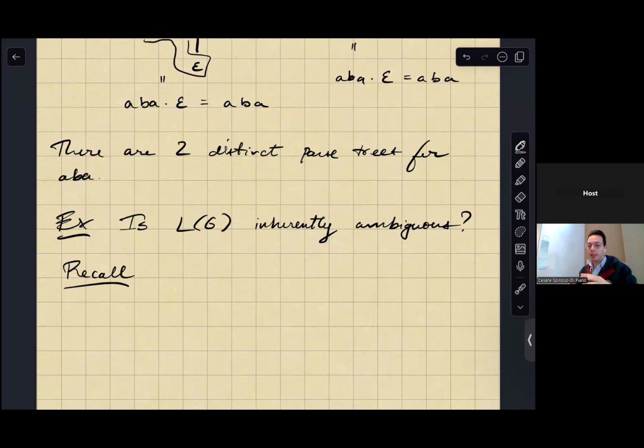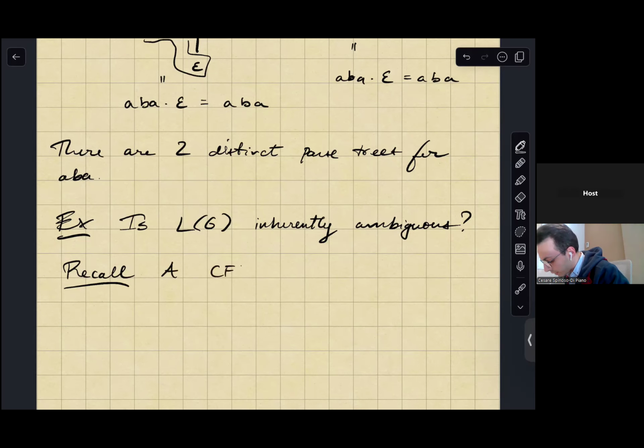I talked about it in terms of general languages at the end of the last video, but for the purposes of this discussion and in the class, we're just dealing with ambiguity as a notion for context-free languages, right? Because if you think about more sophisticated context-free grammars, then you have to redefine what ambiguity is. We're going to stick with context-free languages.